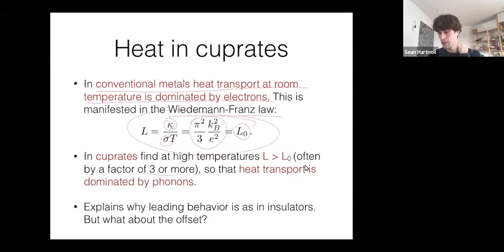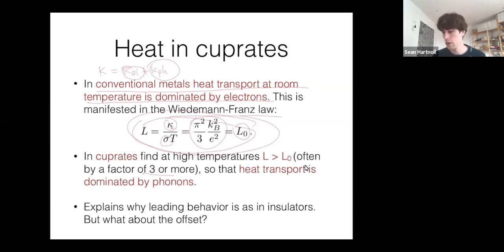And so what that means in the naivest interpretation is that heat can be carried by electrons or it can be carried by phonons. If you expect that the electronic contribution obeys something like this Wiedemann-Franz law, then any surplus heat current that you see, the simplest interpretation is it is carried by phonons. That's also consistent, right?